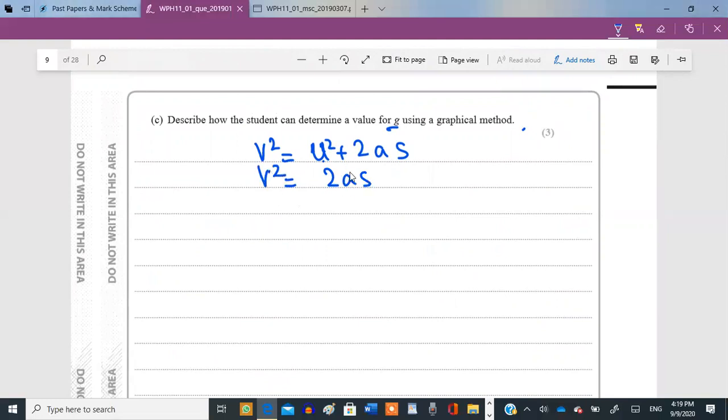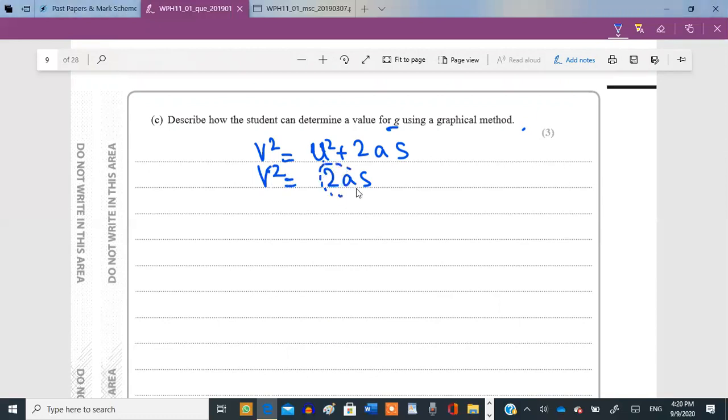Now we need to find the acceleration of free fall, meaning find the value for g. So just make a the subject, it's going to become v squared upon 2s. But instead of making a the subject, just focus on this equation over here: v squared equals 2as.